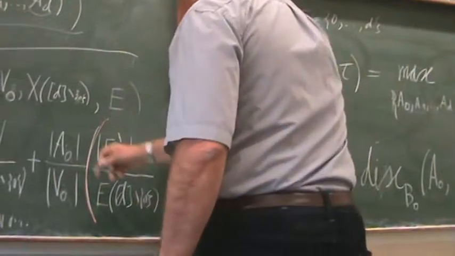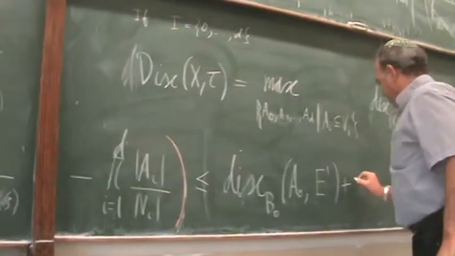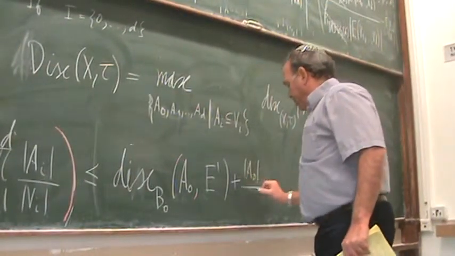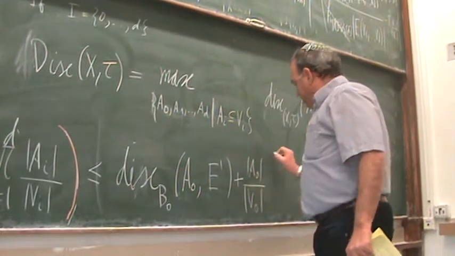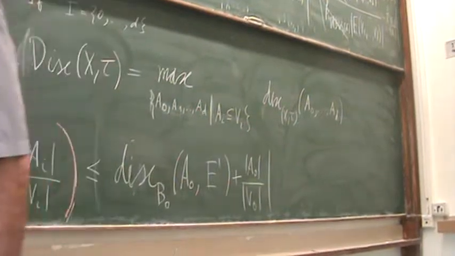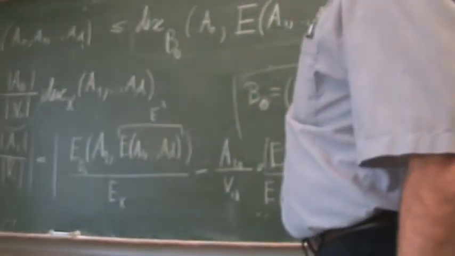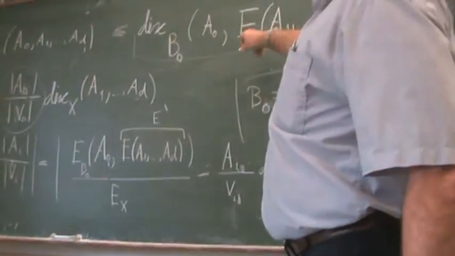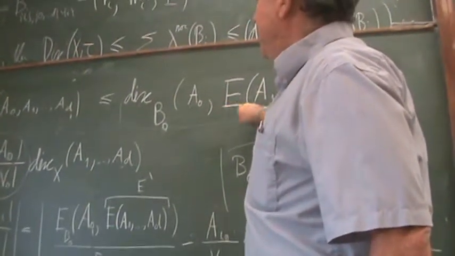And now, plus A0 over V0 times what? Now we have to understand. So this is exactly what I promised you here. Plus A0.